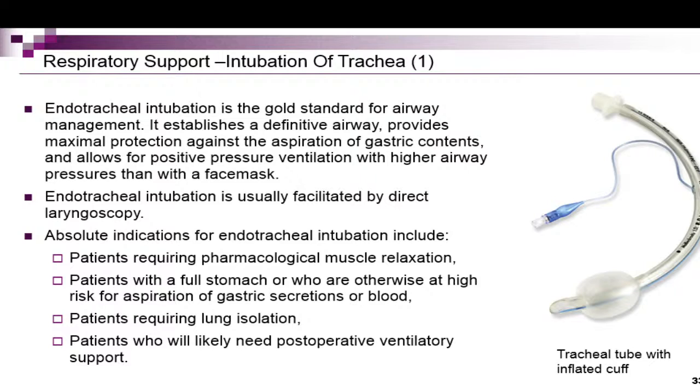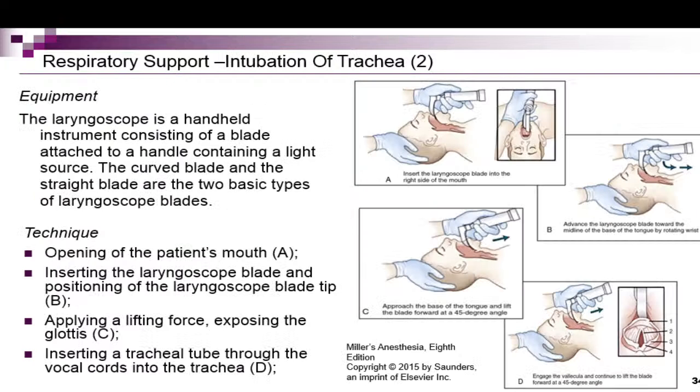Absolute indications for endotracheal intubation are if the patient is requiring pharmacological muscle relaxation, patients with a full stomach or who are otherwise at high risk of aspiration of gastric content or blood, patients requiring lung isolation during surgery, for example, due to endobronchial intubation, and patients who will likely need post-operative ventilatory support in the intensive care unit.